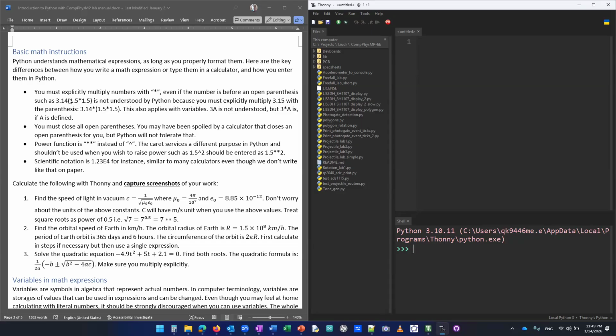Here's an example, 3.14 times this. That works in mathematics, but it doesn't work in Python because it will not be understood. What is 3.14 immediately followed by an open parenthesis? It will give you a syntax error unless you explicitly say 3.14 times it. So we can give this a try.